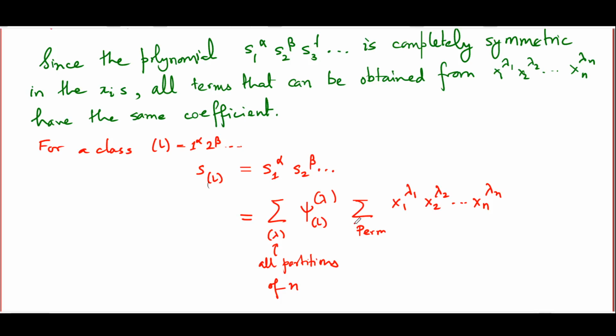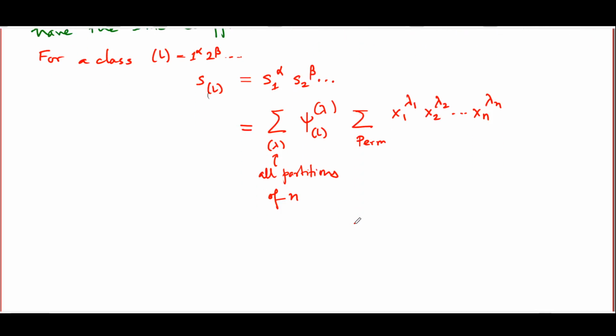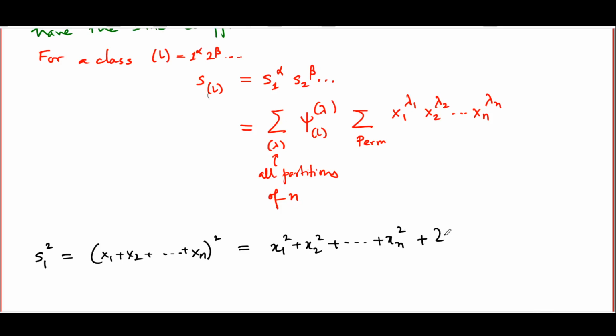Just to illustrate what we mean, let me show you a very simple calculation. For example, if you look at S1 square, which you will get if you have a class which has two 1 cycles, that is going to be simply x1 plus x2 up to xn whole square, and that, as you all know, is simply x1 square plus x2 square up to xn square plus twice x1 x2 plus twice x2 x3 and so on, all the way up to twice xn minus 1 xn.